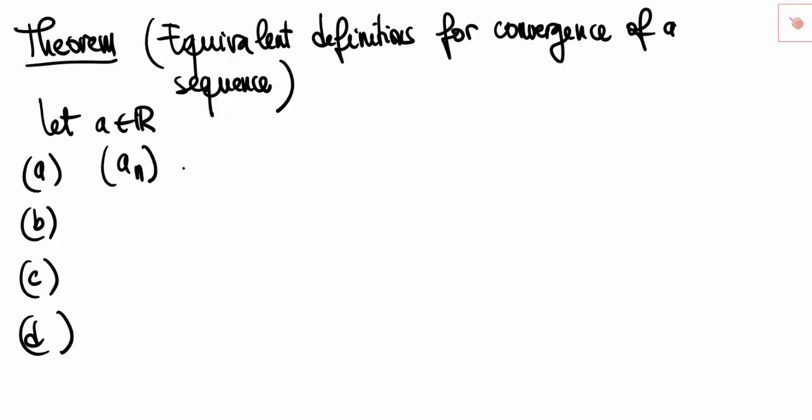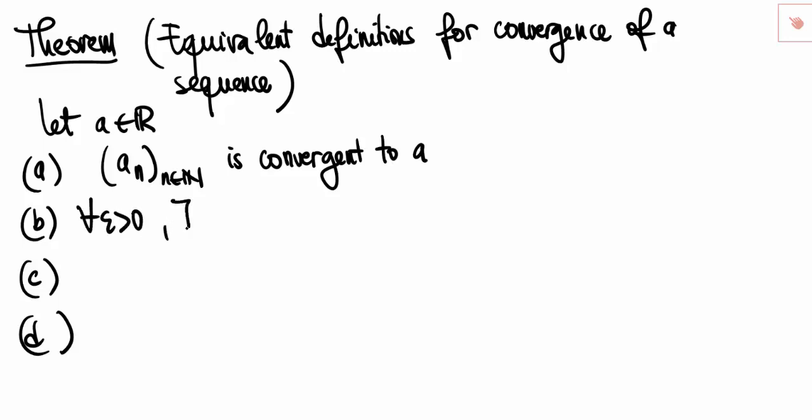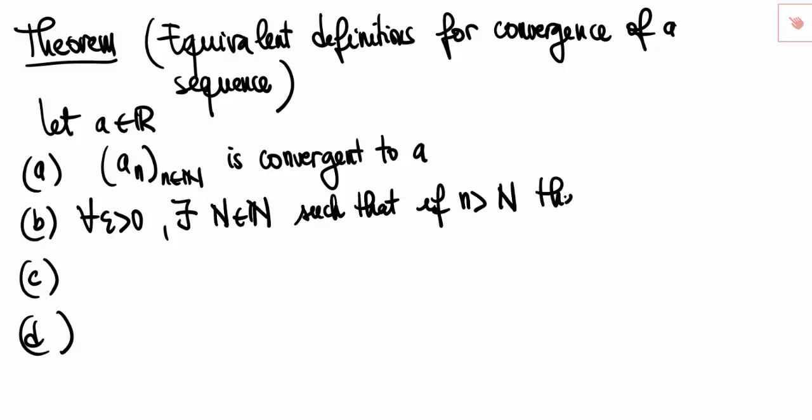A sequence AN is convergent to A. For every epsilon which is greater than 0, there exists some natural number N such that if little n is bigger than capital N, then the distance between AN and A is less than epsilon.